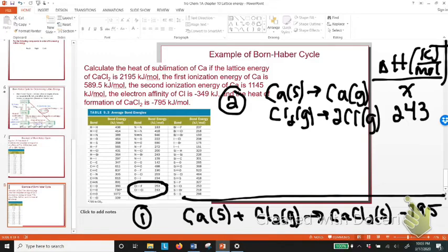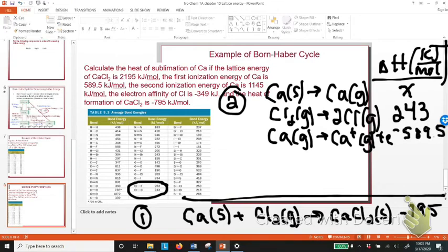So I'm going to write down the first ionization energy. So calcium losing one electron. So it only goes to +1 because it's only lost one. Remember, the charges need to balance. This is the first ionization energy. Okay. Then calcium loses the second electron.